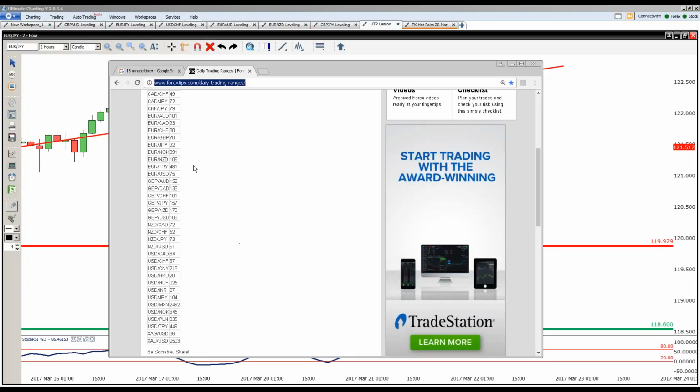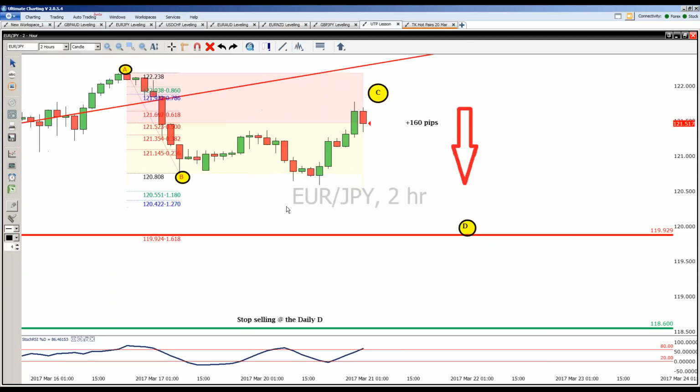Let's go down. There's the euro yen. We can see that the daily trading range is 92 pips. That means 10% of the daily trading range is 9 pips. So my stop will be 9 pips above the high of the candlestick formation plus the spread.